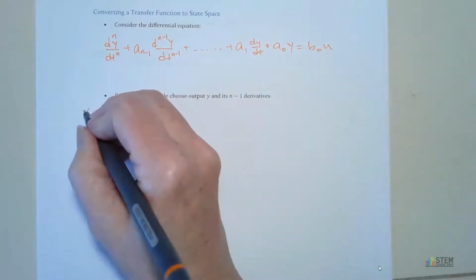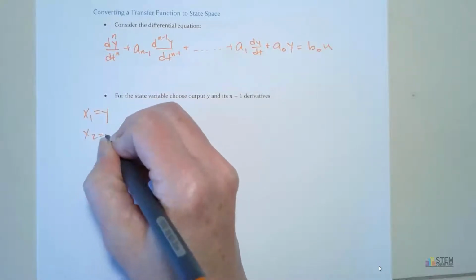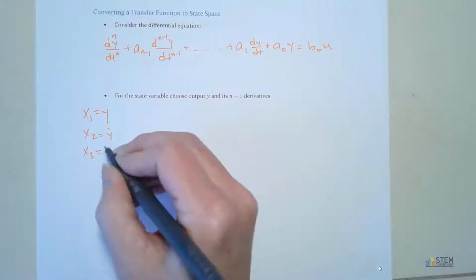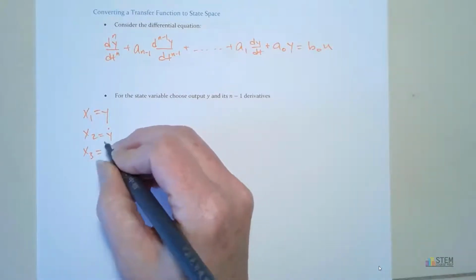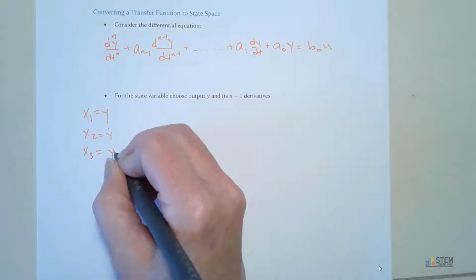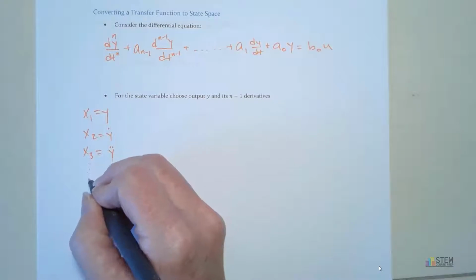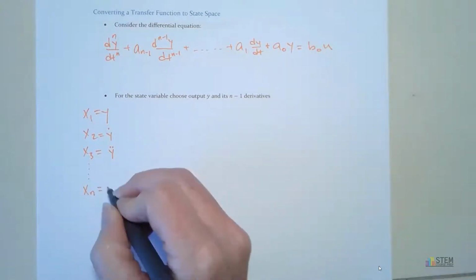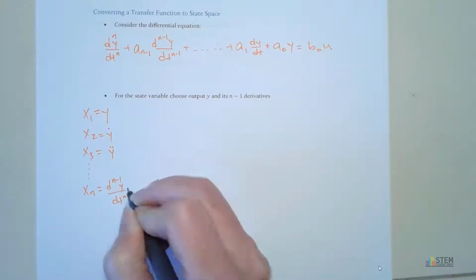So we're going to have x1 equals y, x2 is y dot, x3 would be the second derivative with respect to time, and then basically you just keep going. We'd go down to xn, and that would be the n minus 1 derivative of y with respect to time.